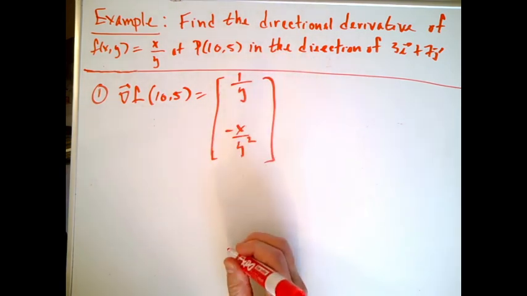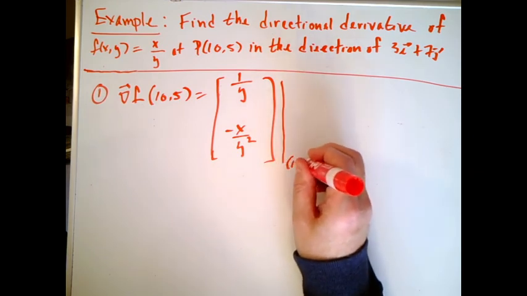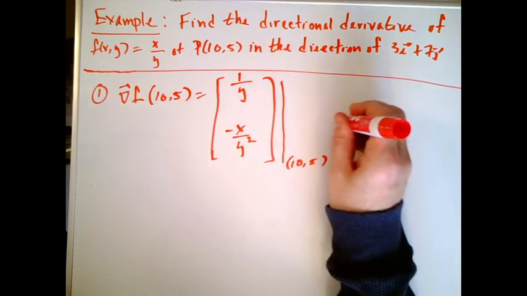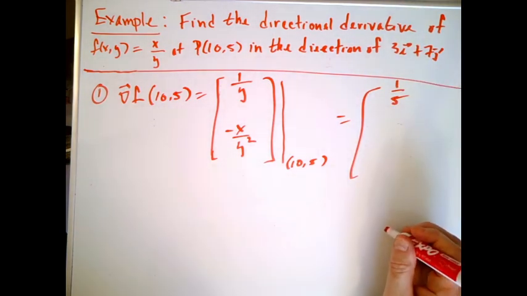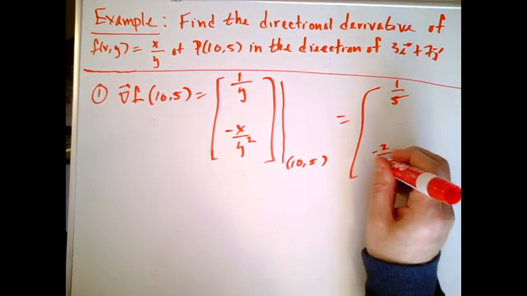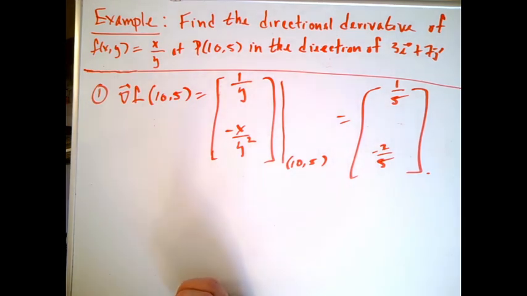And that's a formula for the gradient at any point. I want to plug in the point (10, 5). And when I do, I think I get 1/5 up here like this. I get minus 10 over 25. I think that's minus 2/5. So this is the gradient vector at the point that we're interested in.